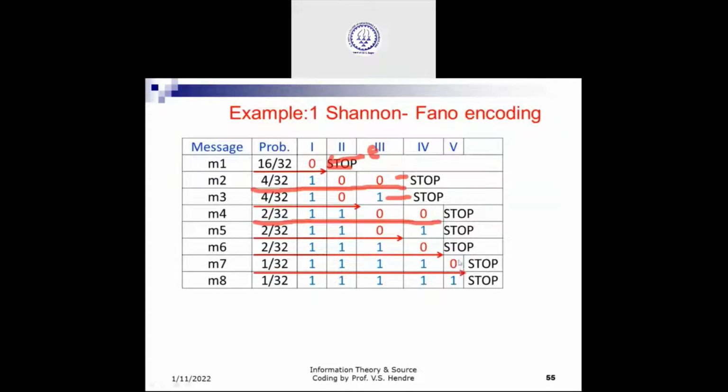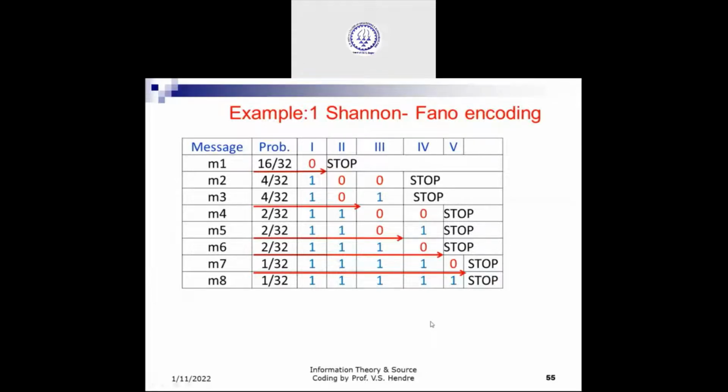Upper part I will assign binary 0, lower part I will assign binary 1. Here again the single elements, I need to stop my process. So this is the implementation of the Shannon Fano encoding technique with the steps that we have discussed.